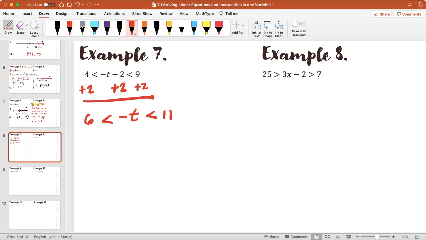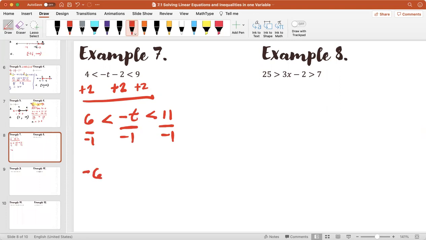We're solving for t, but we have a negative t. So that means we have to divide all three parts by, is it t or is it negative 1? It's negative 1, right? So negative 1, negative 1, negative 1. What happens now? 6 divided by negative 1 is negative 6.